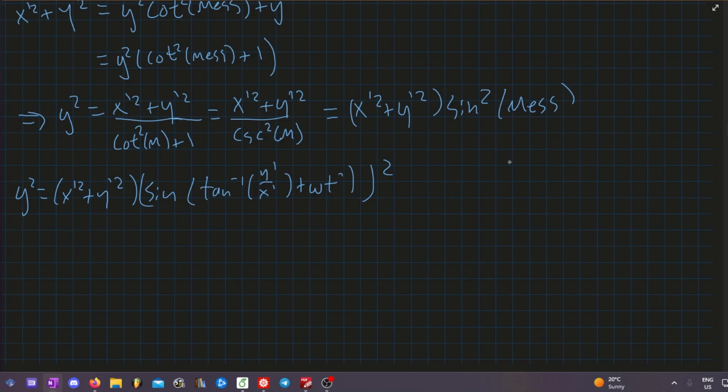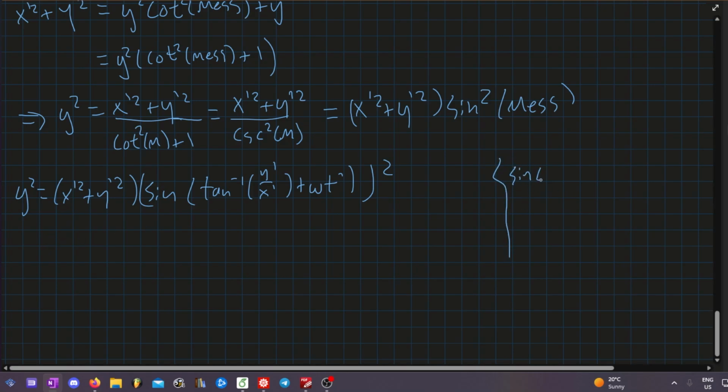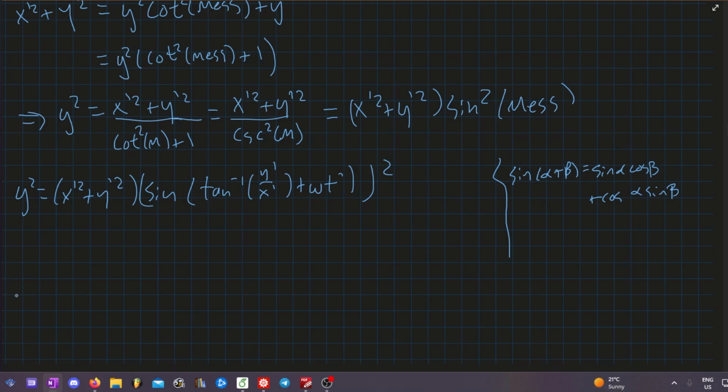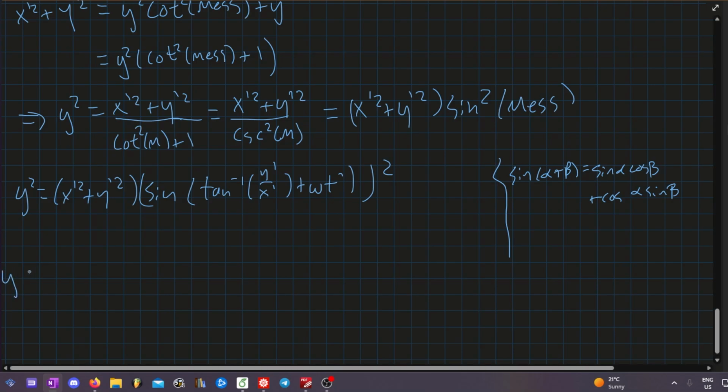And now we can use another trig identity that sine of alpha plus beta is going to be sine alpha cos beta plus cos alpha sine beta. So y then is the square root of x prime squared plus y prime squared times, and then we're going to do this trig expansion here.